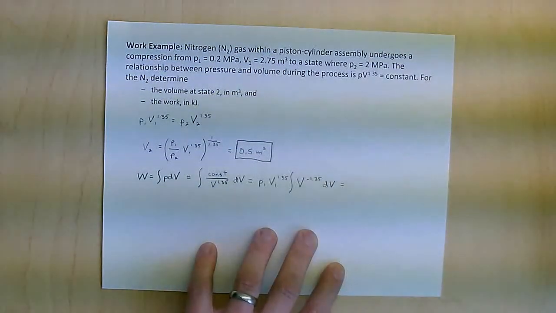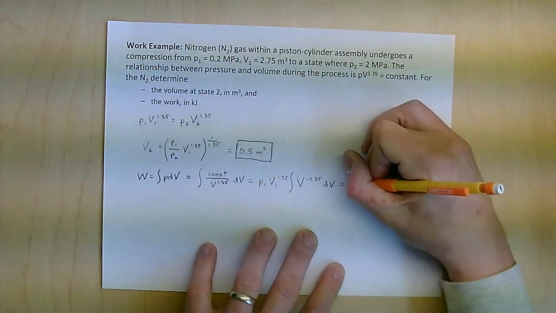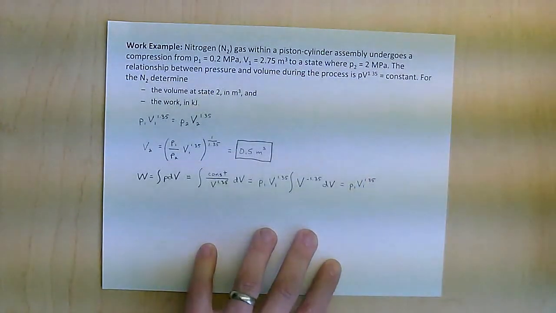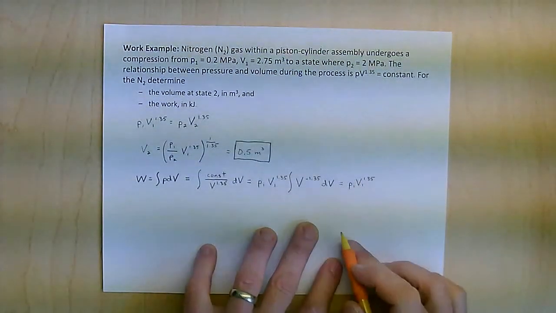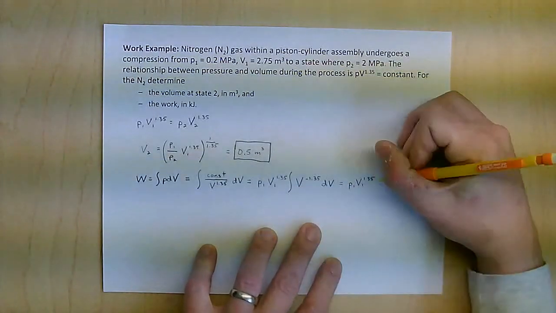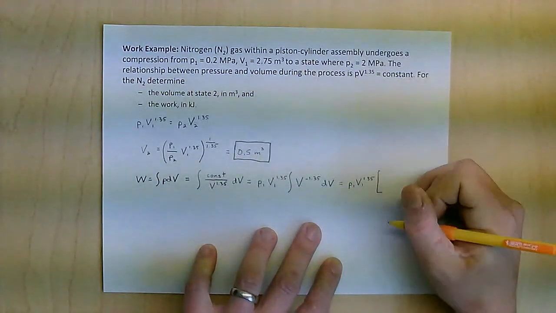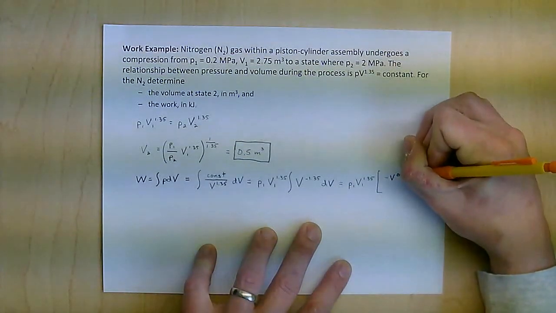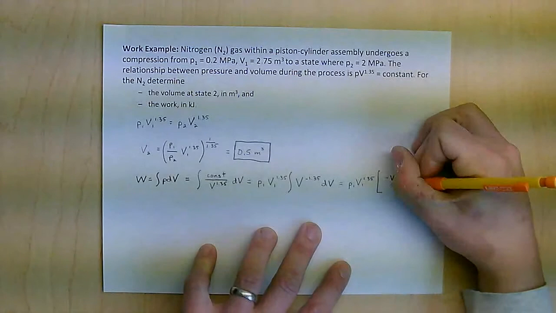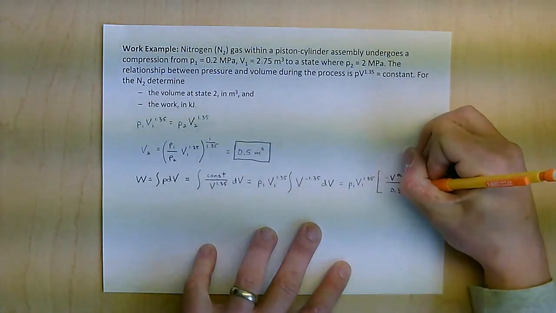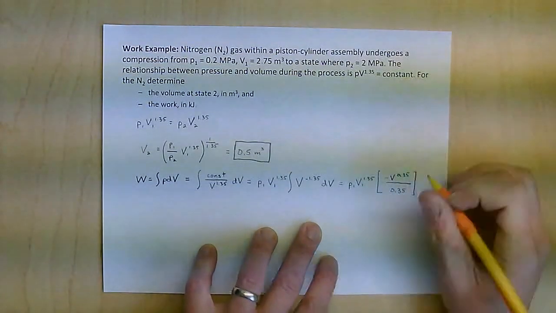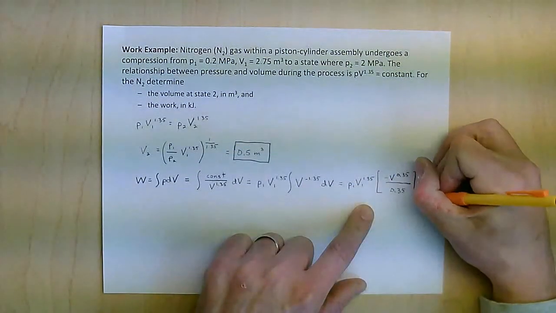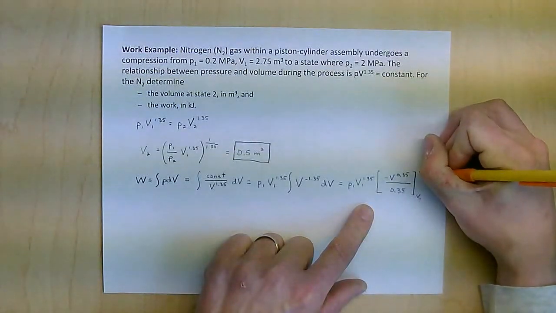So then this integral, again, I have my constants. I can plug those values in as I need to, P1 V1 to the 1.35, and then this integral becomes negative V to the 0.35 divided by 0.35. And of course I'm going to integrate this from V1 up to V2, which I know.